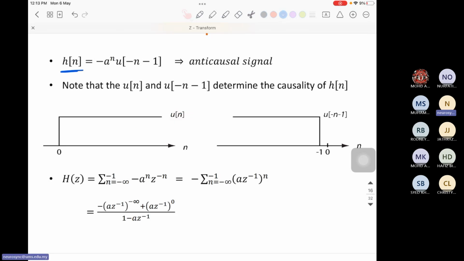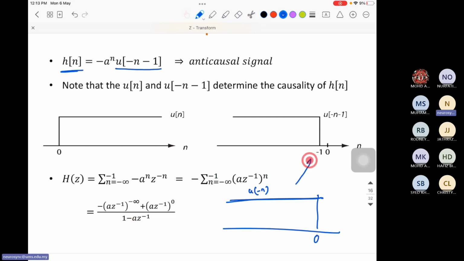Now, u of minus n has value 1 for the negative half. In the example, it is u of minus n minus 1, so it will start from minus 1.